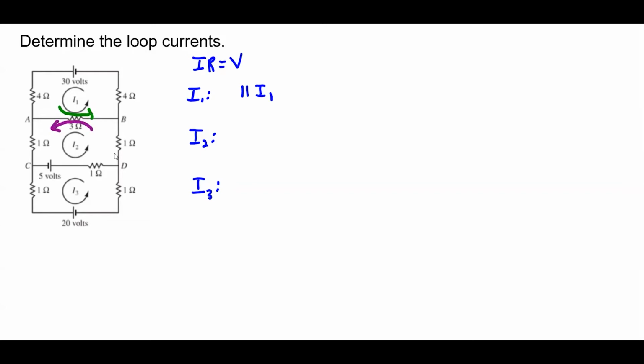So since they're going in opposite directions, we're going to use a negative sign on this resistor being multiplied by I2. So we're going to say minus 3 I2. And there's not an I3 or I4. We stop at I3, but it's not sharing one with I3. So we'll just say this is equal to 30 volts because that's our battery.